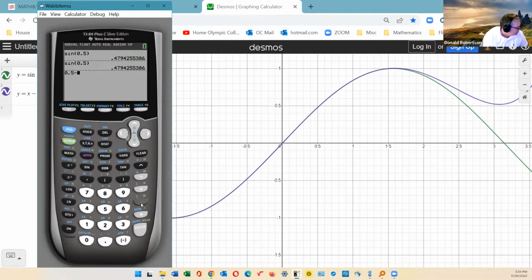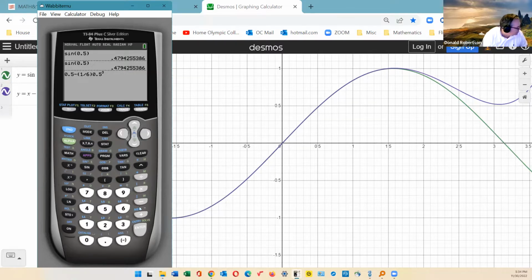And then we take away 1/6. Oops, let me go back. It's just a good idea to put brackets around things because you're never quite sure of the order of the calculation. So take away 1/6 times 0.5 cubed.